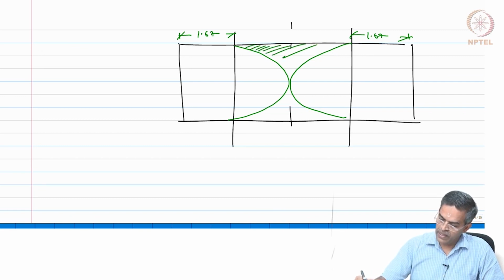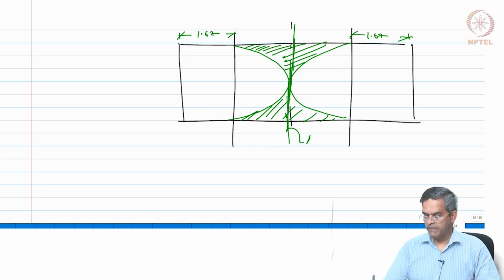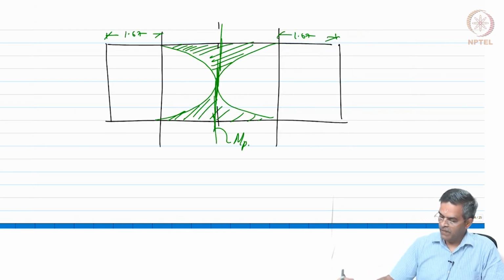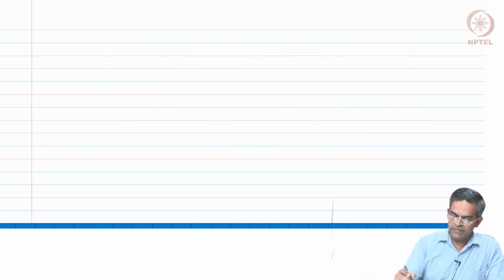So, this is how it is plasticized, and at the mid span it is fully plastic, it is Mp. So, friends, this is how we demarcate the yield region.